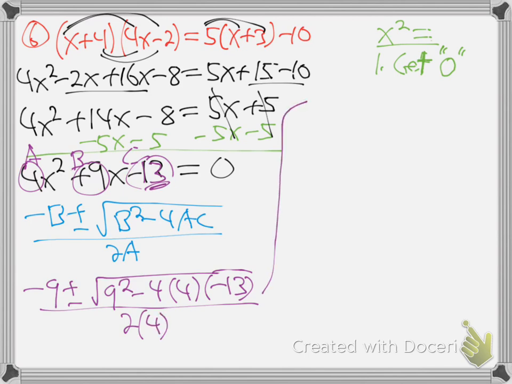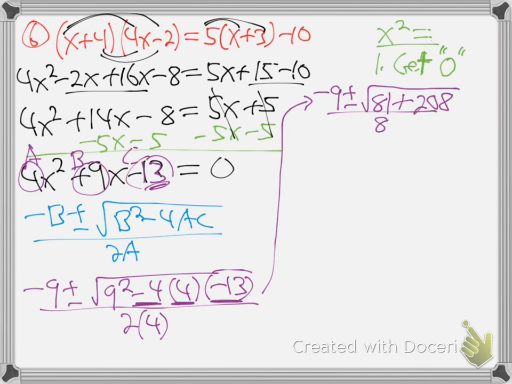All right, bring it up here. What is that? That's minus 9 plus or minus the square root of 81. Now what's going to happen here? Negative times positive times negative. 2 negatives? Positive. 4 times 4 is 16 times 13. Use your calculator. I'm getting 208 all over 8.